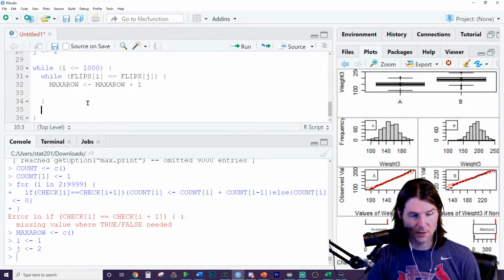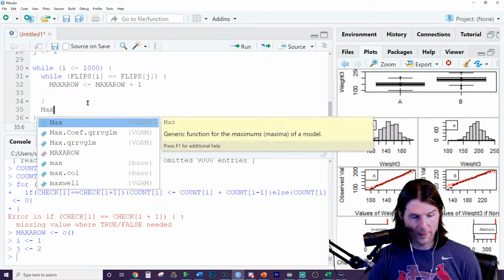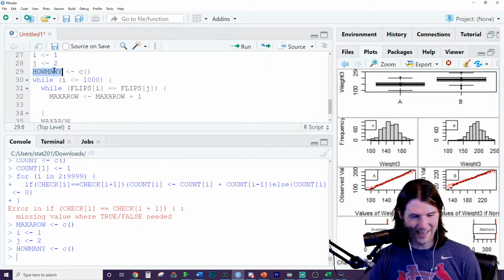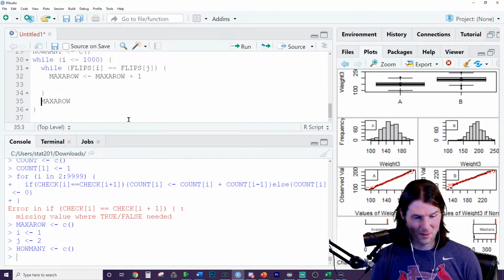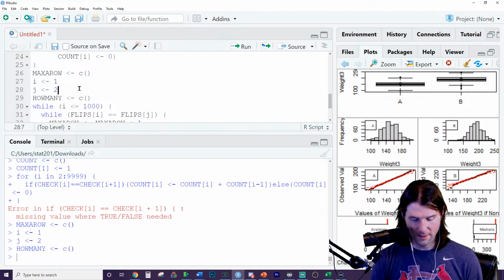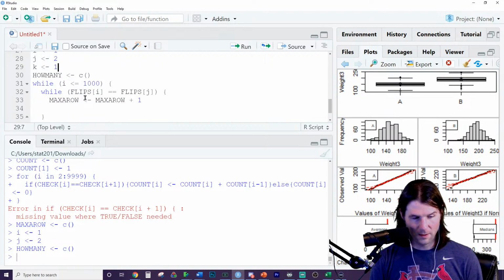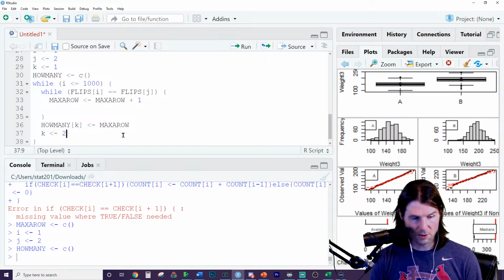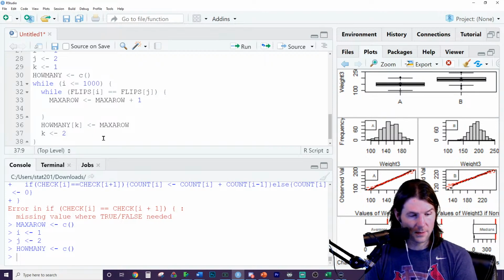And then when it leaves this, max a row, and let's call this how many position, how many first time, so H, J, K. And so K needs to start off at 1. And then K will increase right here each time. So that way we get a new K position. And it's going to loop back through.